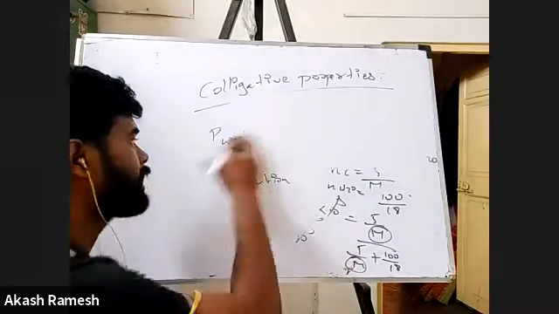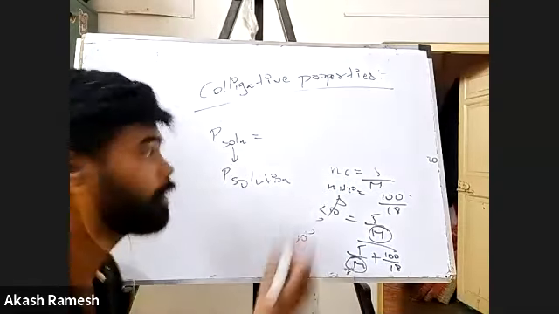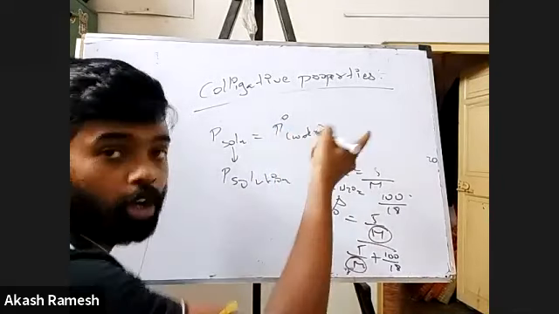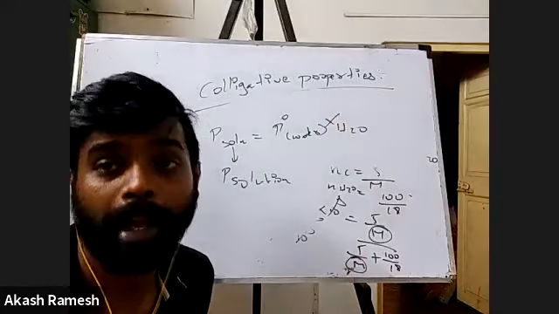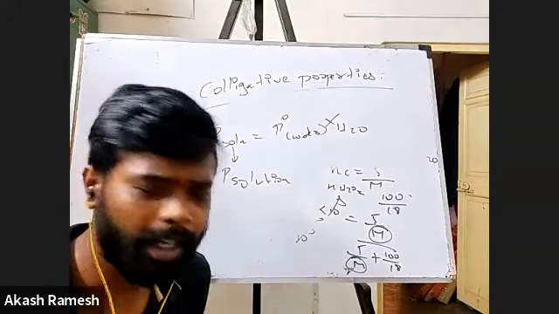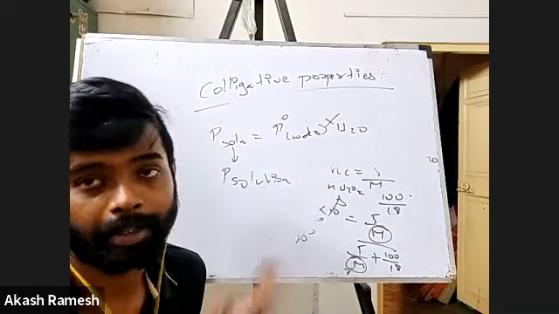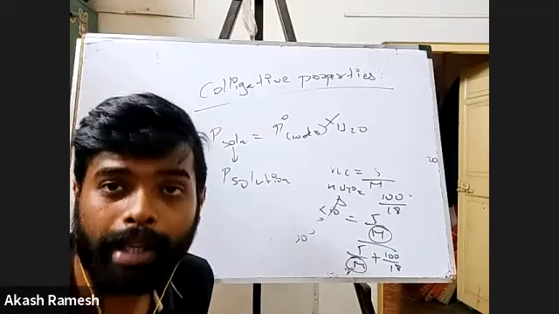So I can even write this as P of solution is equal to P naught of water, or whatever the solvent is, times X of water. You cannot speak about the solute in the same way. Why?